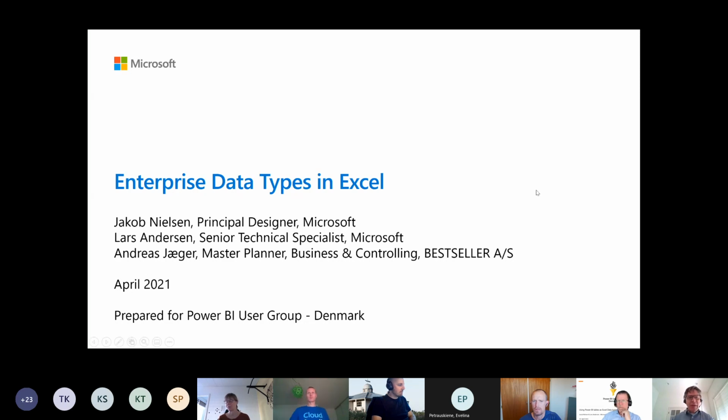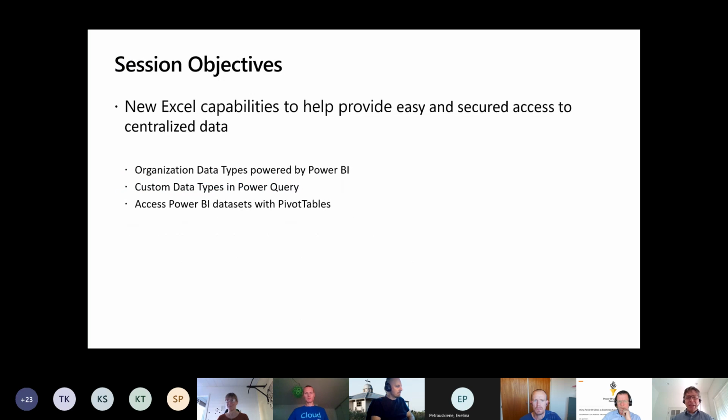This presentation is about getting data into Excel, and we have added a way to do that that hopefully makes that easier and also more secure to get access to centralized data. There's a number of things that we will go through, but it sort of revolves around 3 different things.